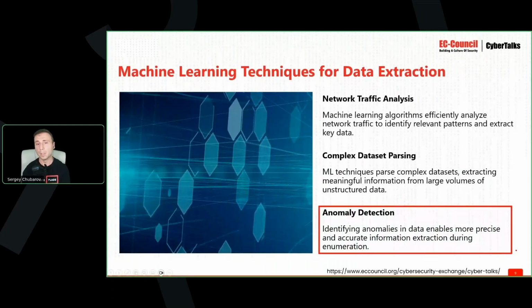AI can learn about normal behavior, and normal behavior may be a number of typical attributes. For example, the user logs in from this location, from this kind of address, from this kind of device, from this kind of configuration, and it may learn this information over time, and then find anomalies.